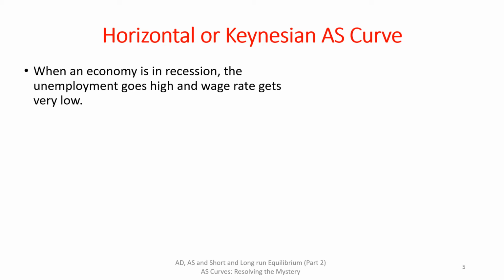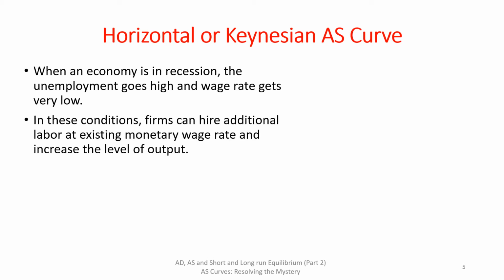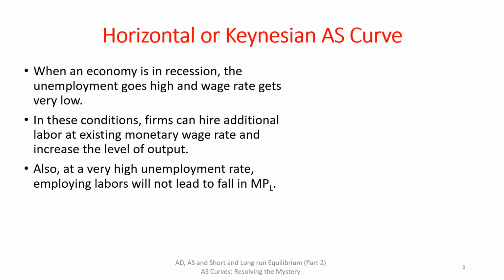In such situations, business firms can hire additional labor at existing monetary wage rate and thus increase in the level of output is possible at same per unit cost. Moreover, at a very high unemployment rate, employing more workers will not lead to a fall in marginal productivity of labor.